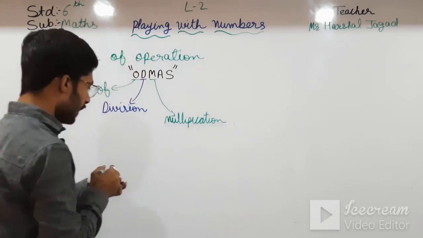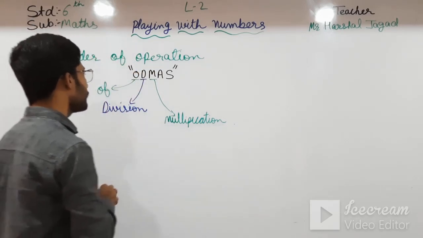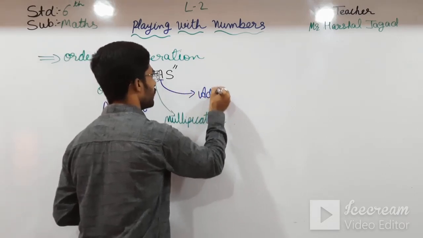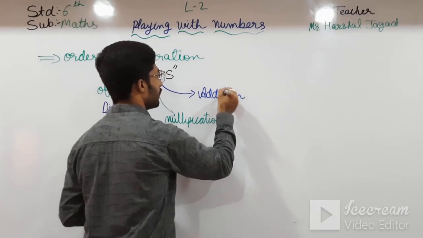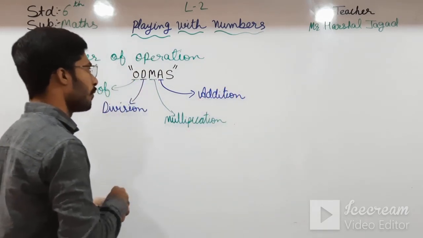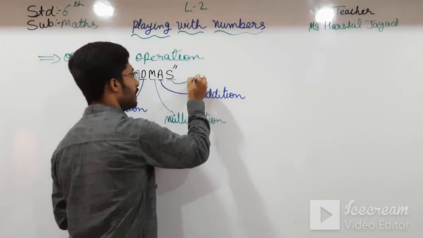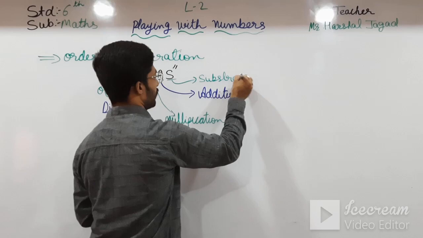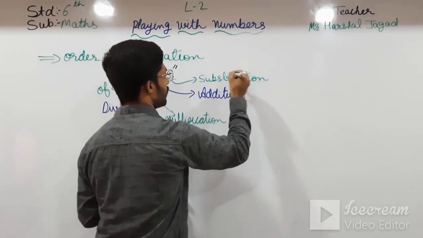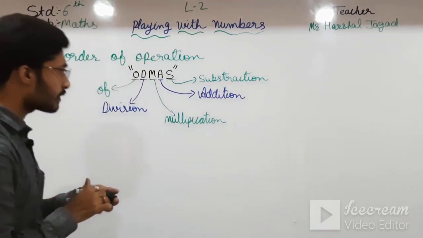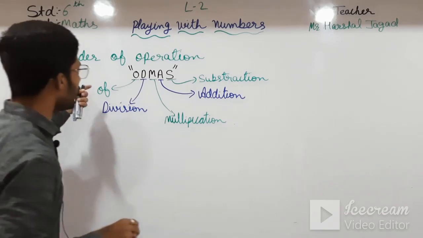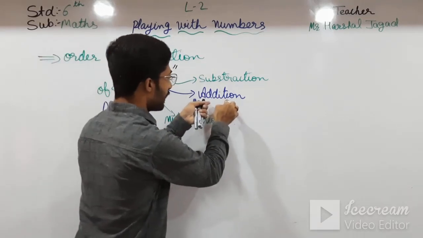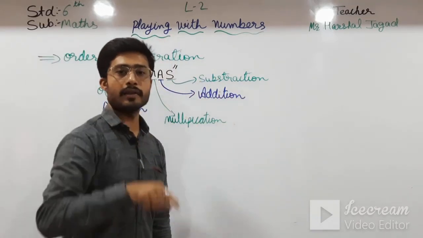Okay students, multiplication. What is A? That is addition. And at last, you know what is S? That is subtraction. Okay students, so you have to remember this. First of all, what you have to do? Division, multiplication, and then addition, and then at last subtraction.